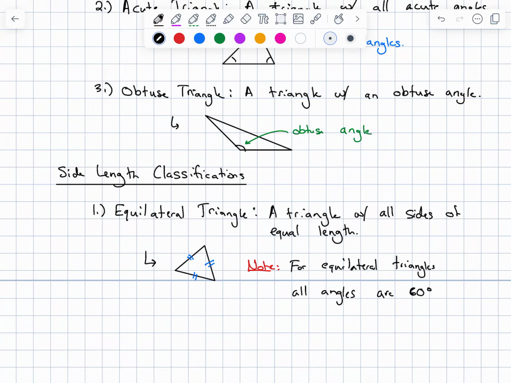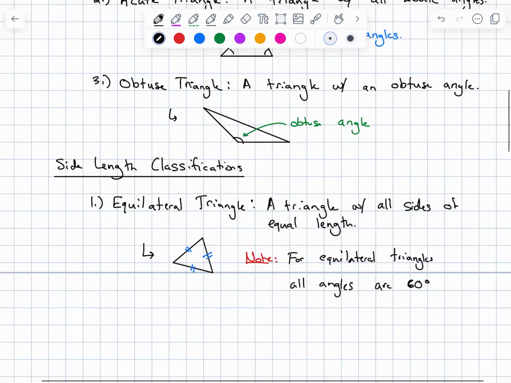If they all have to be equal length, then you can't have one angle be bigger than the other, because then it wouldn't be able to connect.